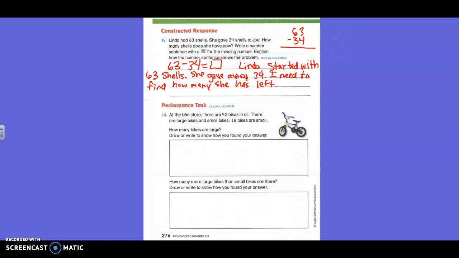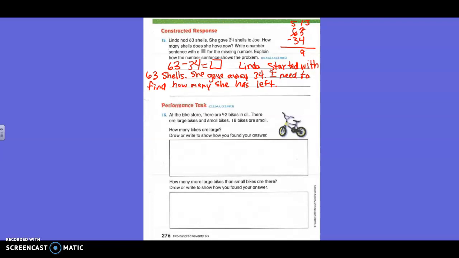Three minus 4. Ivan? Can't do it, right? So you've got to cross out the 6 and the 3. What do we make the 6? 5. What do we make the 3? 13. Now, what's 13 minus 4? Chase? 9. What's 5 minus 3?